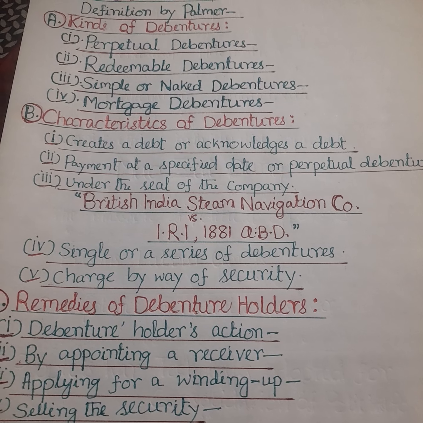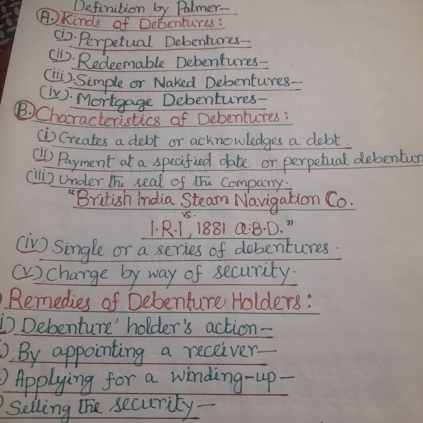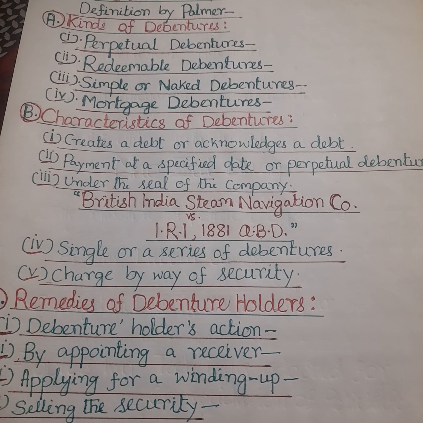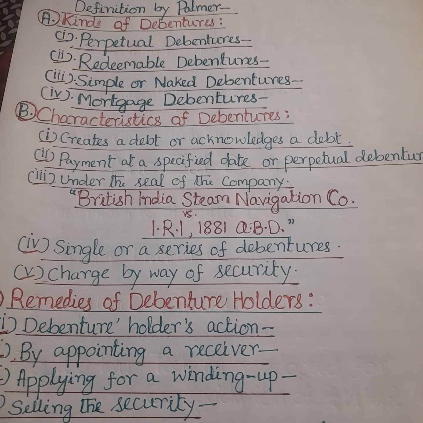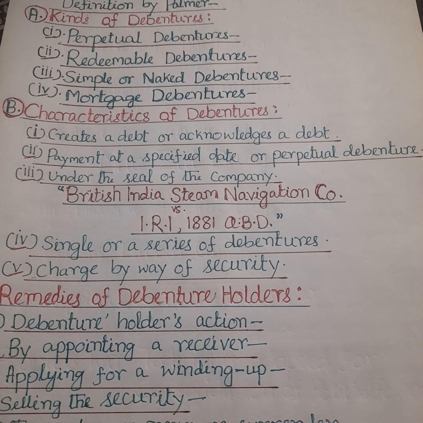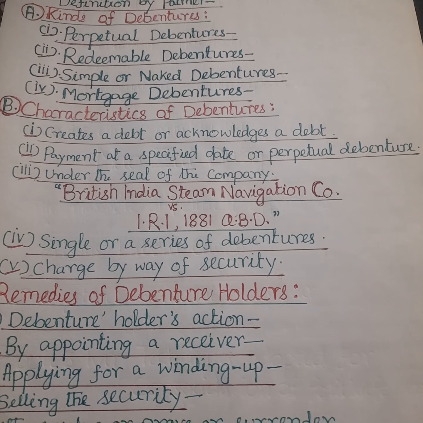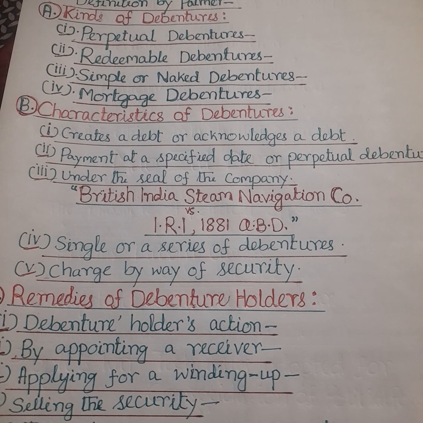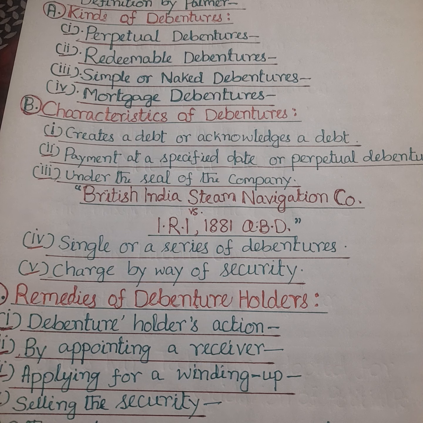And finally, the fifth characteristic is that a debenture generally gives a charge by way of security, but this is not always necessary. A debenture may constitute a charge on the assets of the company or not, as per the provisions under Section 230 of the Companies Act.